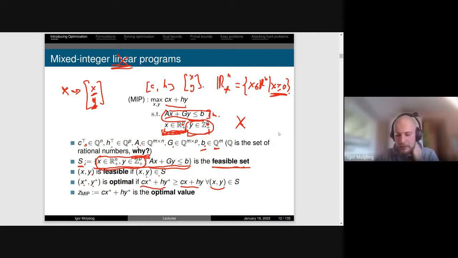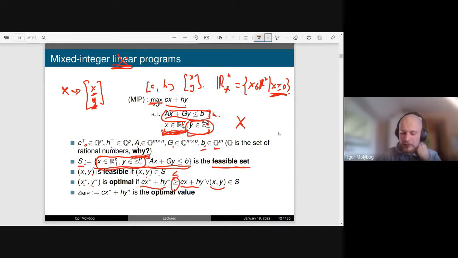Again, I stress that this inequality is participating in the definition talking about a maximization problem. In exactly the same way I can formulate a minimization problem, and in this case we'll have a less than or equal sign right here.